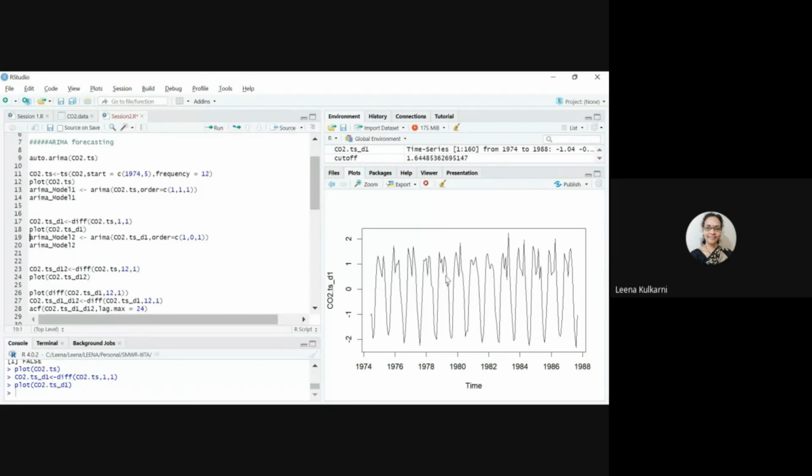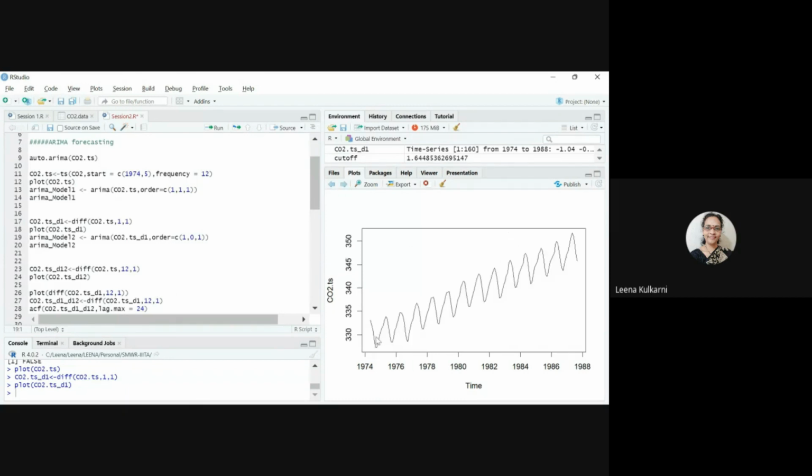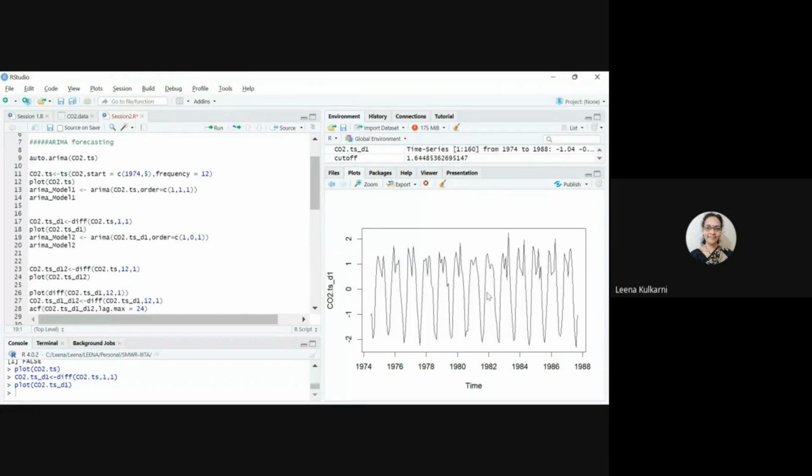Okay, so here we can see that in the previous graph the mean was increasing with time, but now you can see the data has become mean stationary. But at the same time we can observe that the pattern which was present in the data has not been removed.